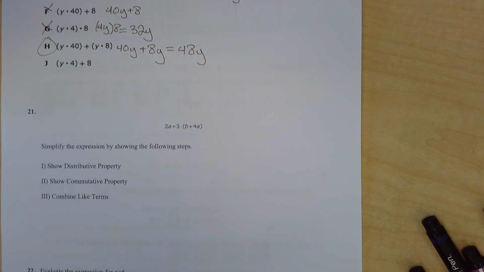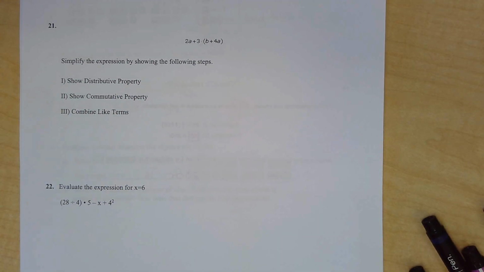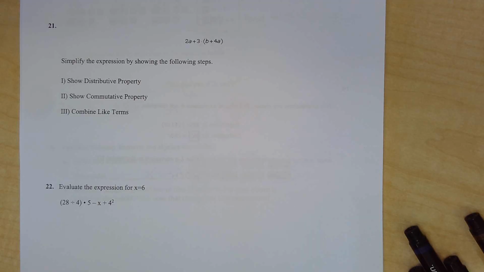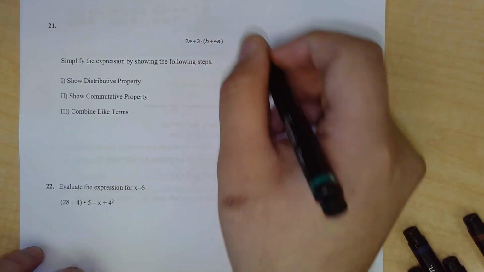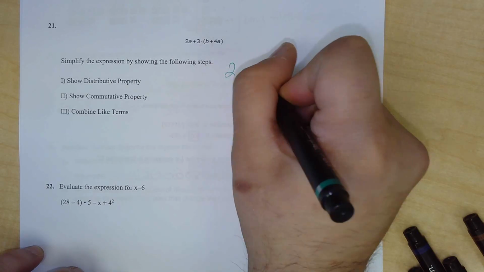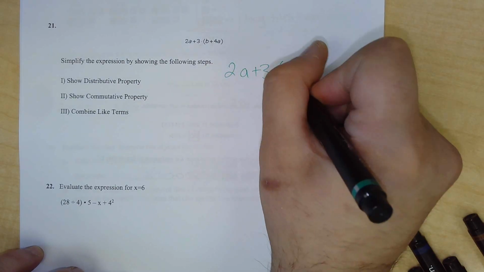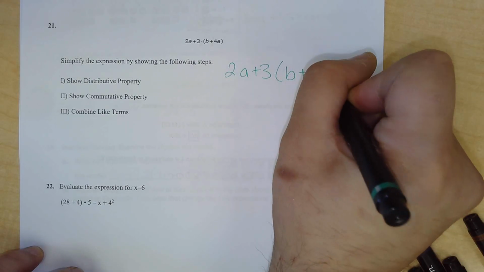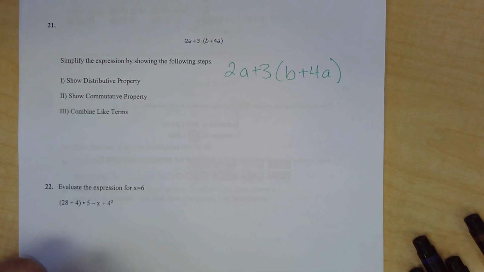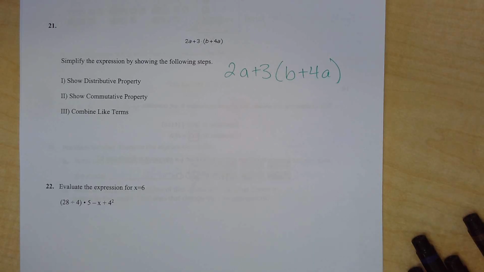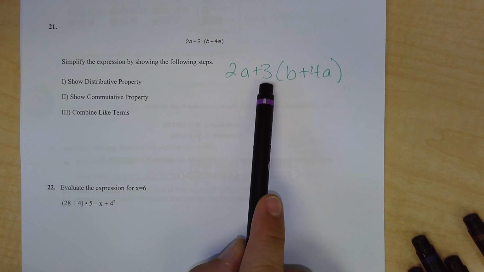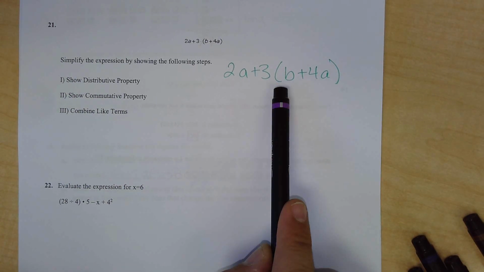For this next one, they want us to go step by step, which is not a big deal. All it's doing is telling us what we already do anyway. But this is a little small, so I'm going to write it bigger. We have 2a plus 3 times b plus 4a. All right? Literally can't do anything here.